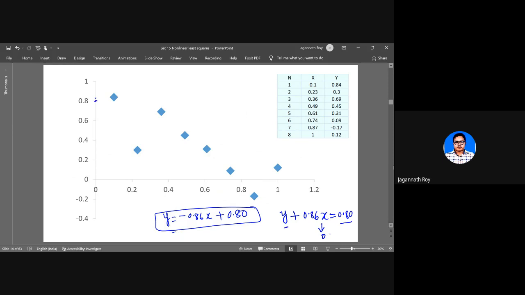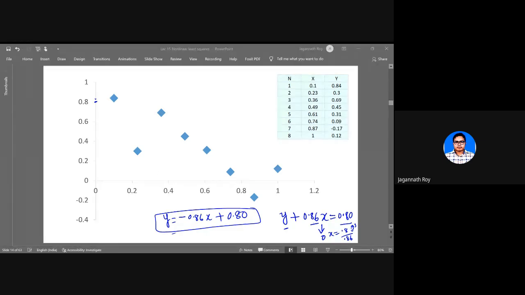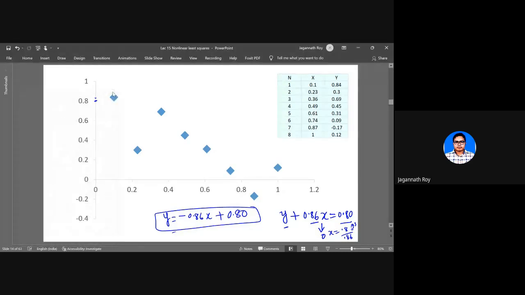If y equals 0, then x equals 0.8 divided by 0.86. So this will be like 0.93 or something. So somewhere here. And so if you just draw the line, it will look like almost this form.